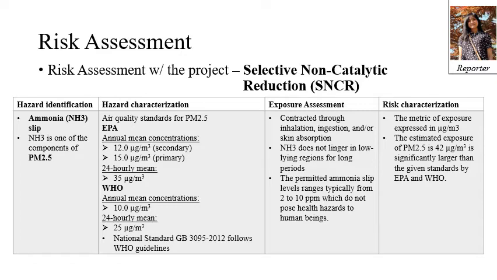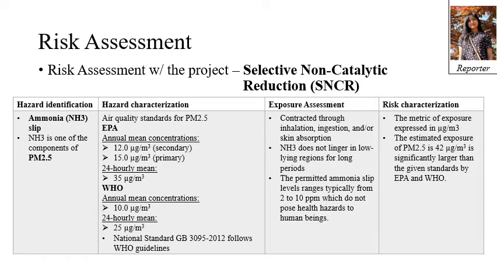In WHO guidelines, the standards for annual mean and 24-hour mean of PM2.5 concentrations are 10 micrograms per meter cube and 25 micrograms per meter cube, respectively. It is noted that the Republic of China's Ambient Air Quality Guidelines, or the National Standard GB 3095-2012, adhere to WHO air quality standards.